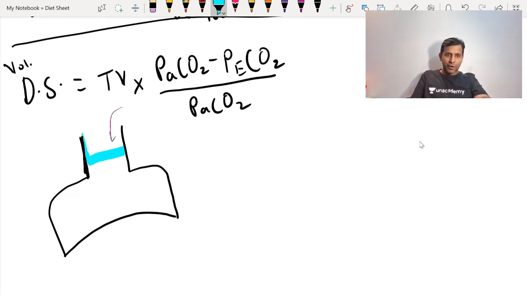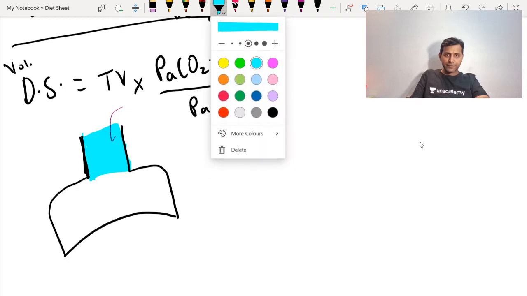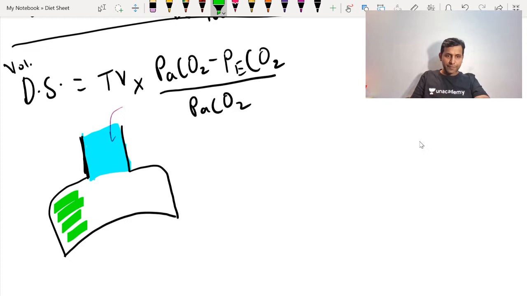This part of the atmospheric air is not taking part in exchange, whereas this part of the atmospheric air does take part in exchange. So when you breathe in for the first time, some amount of air is dead space and some amount of air is for exchange, right?